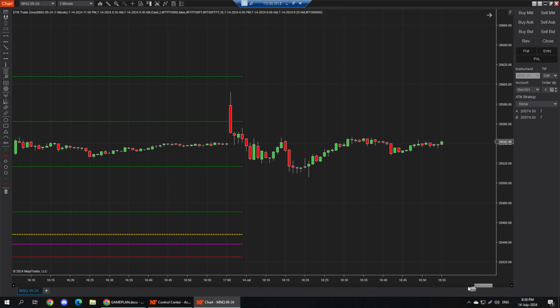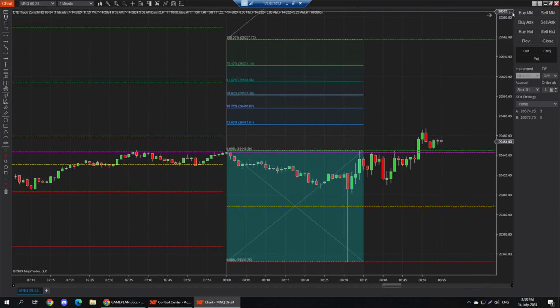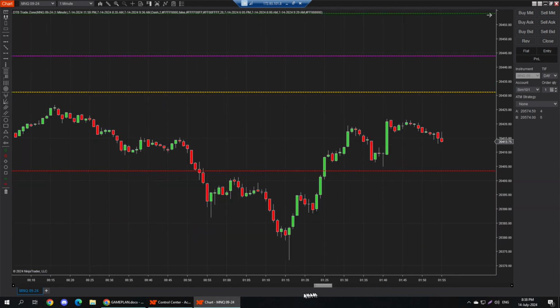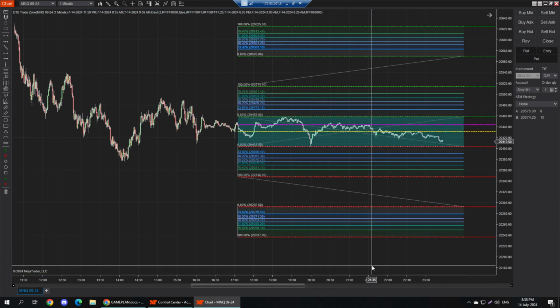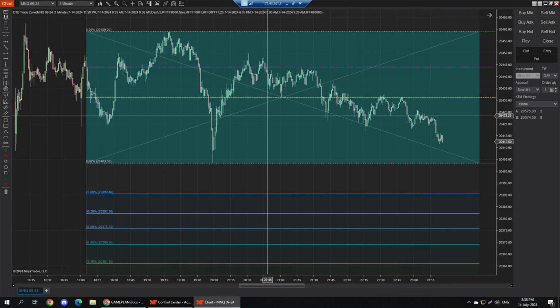So it's just something you can look at. If you look at previous zones, even if we go to the previous day, there's the longer one we're currently in now, from the 6 p.m. It picks up the high and low of that area.